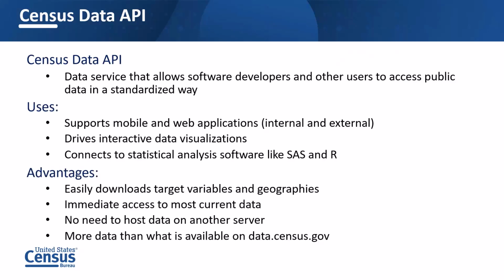It drives interactive data visualizations, and you can easily connect to statistical analysis software like SAS and R. The advantages of the API, you can easily download target variables and geographies, and you get immediate access to the most current data, and there's no need to host data on another server. And there's more data than what's available on our main data tool, data.census.gov.